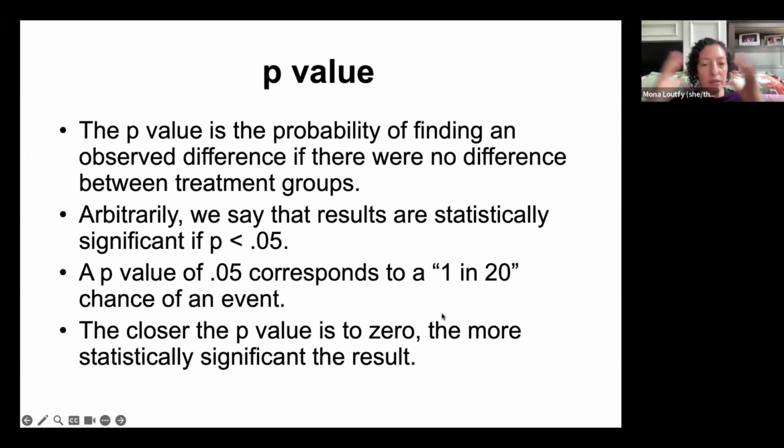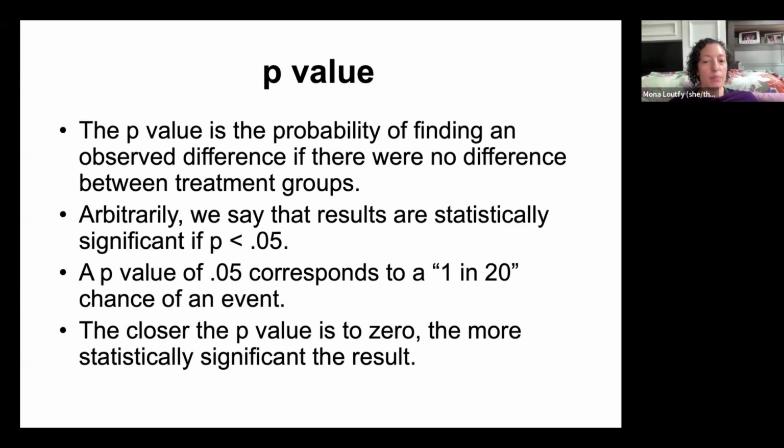Does that make sense? Globally, it has been chosen that if something is 95% sure to be real, that is an accuracy we're willing to accept, and a 5% chance that there isn't any difference is small enough that we're willing to accept that the difference is true.